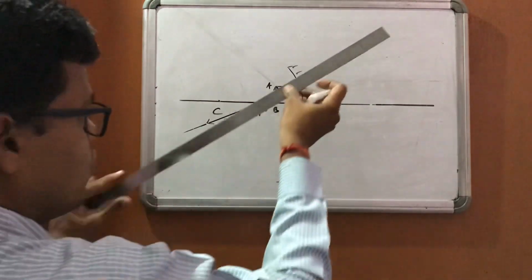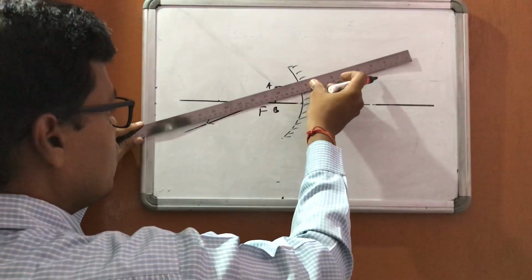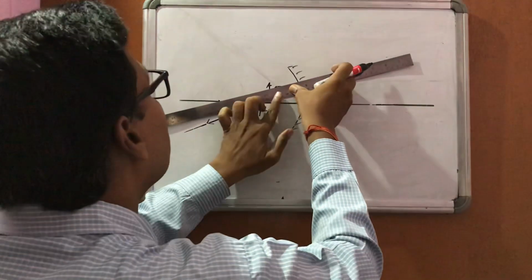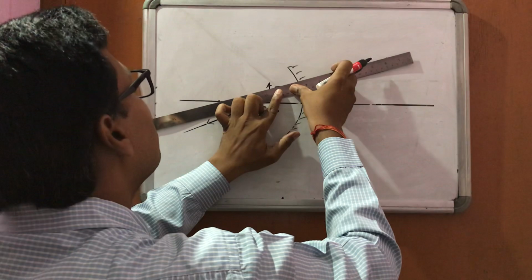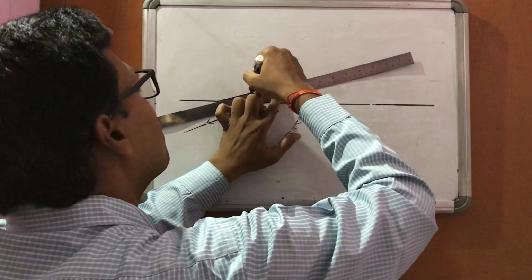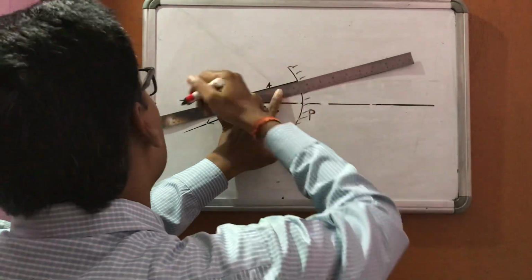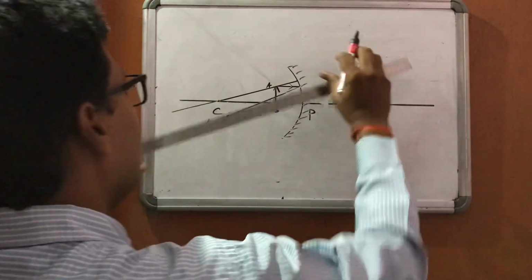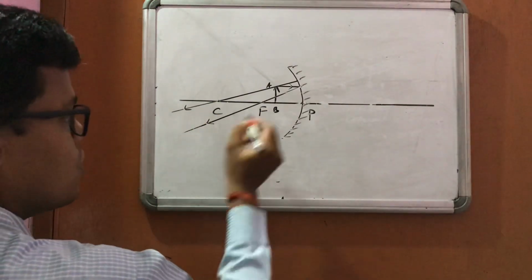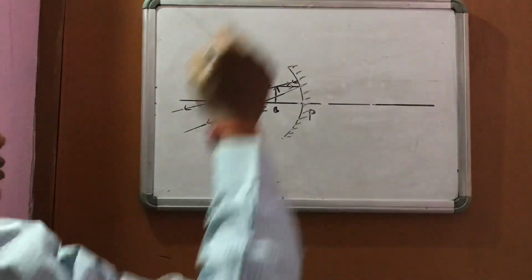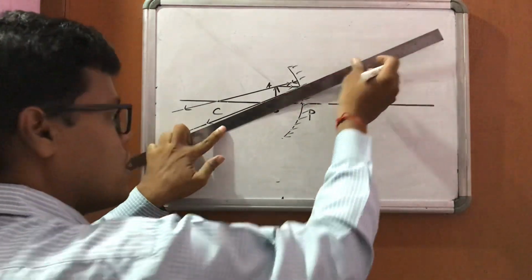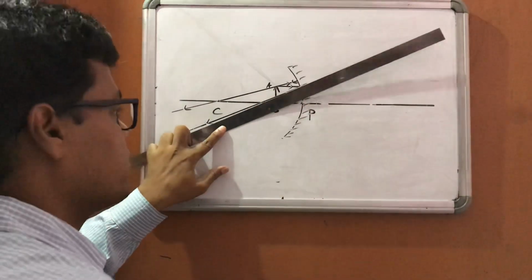Look at here. Now come to the second one. You can clearly observe they are diverging, they are moving away from each other. So what will happen? They have to be produced in the backward direction.